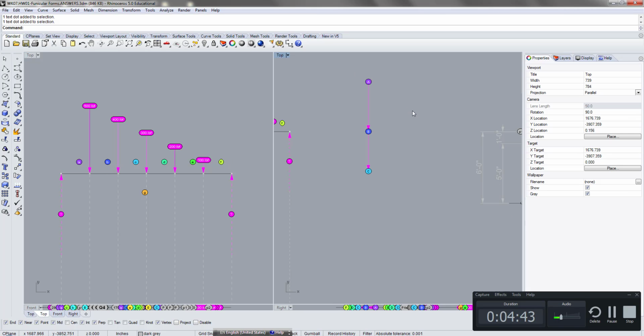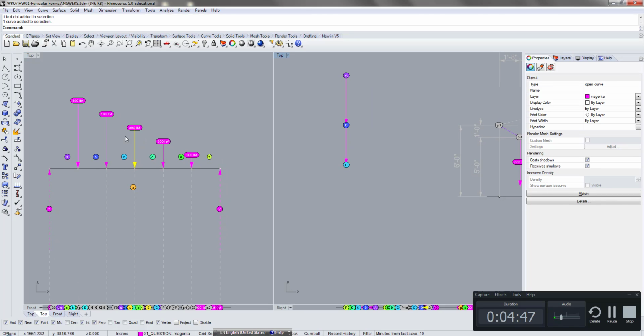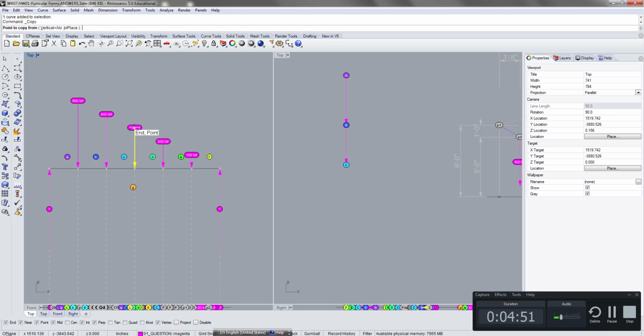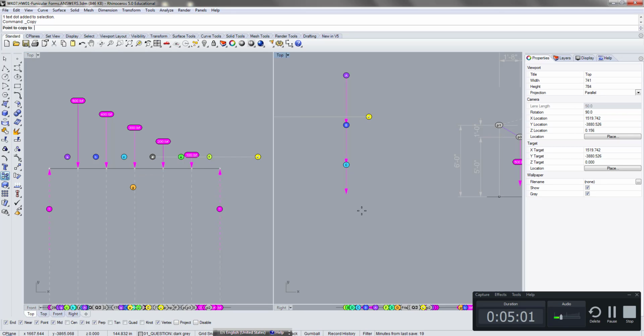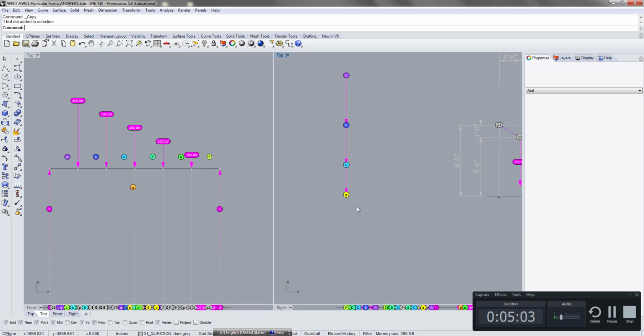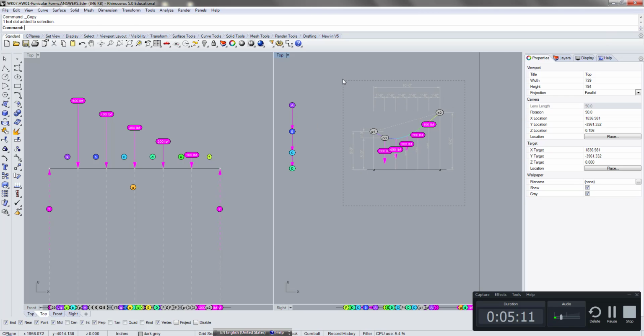So that's the second one. The third one is right here, 300. You copy again, because this is between C and D, so C would be its start point and D its end point.